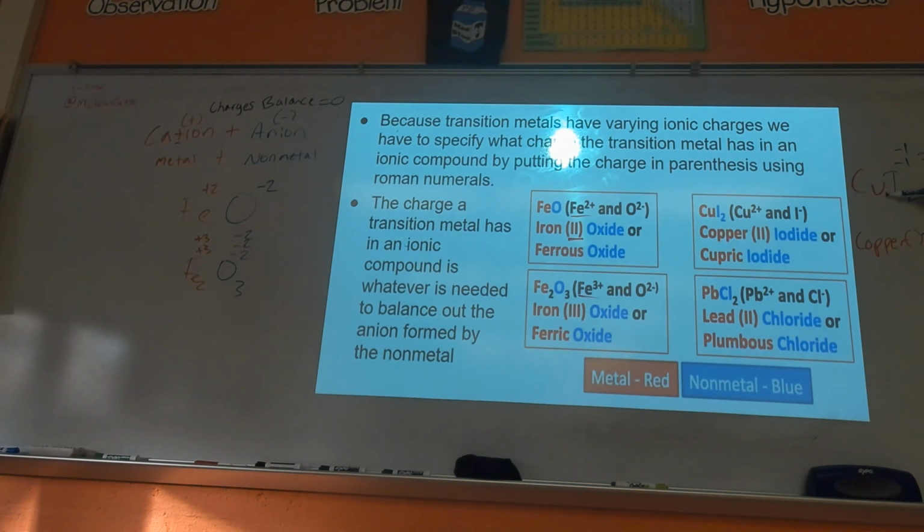And you only have 1 copper atom to do it with. So that 1 copper atom must be a +2 charge. In other words, it's like a very basic algebra problem, like x minus 2 equals 0, solve for x. That's the basic idea.